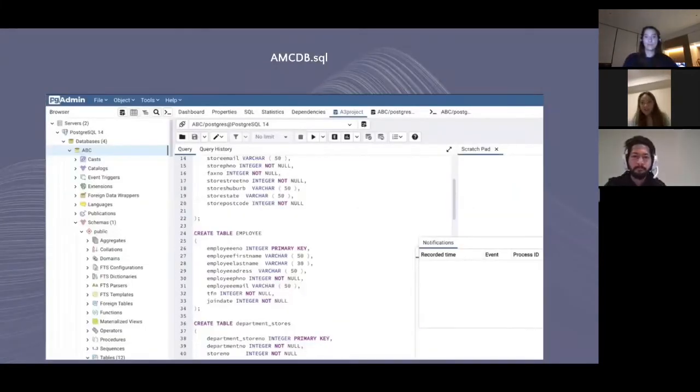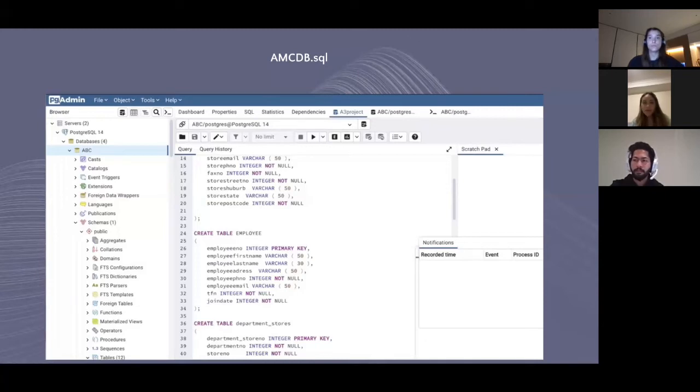Thank you, Alina. After our ERD was created, our next task was to create a SQL file with all the entities, and create a table for each entity. We used pgAdmin to create the tables for our database.